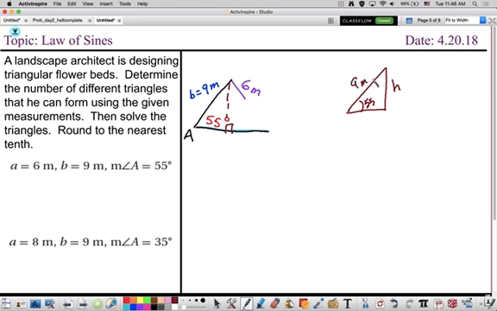Well, I can find out what the height is pretty quick, right? Sine of 55 equals h over 9. Solve for h. 9 times sine of 55 equals h. You plug that into your calculator, tell me what that is.